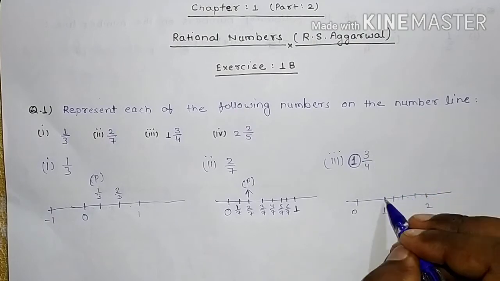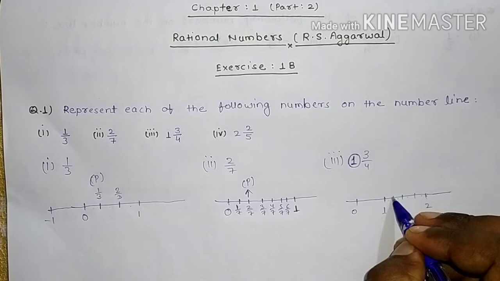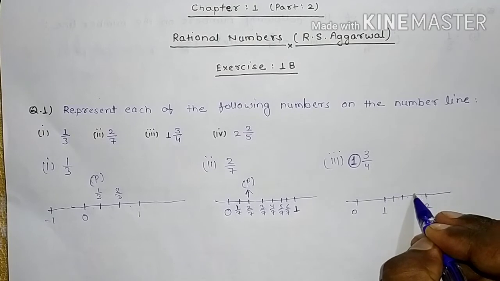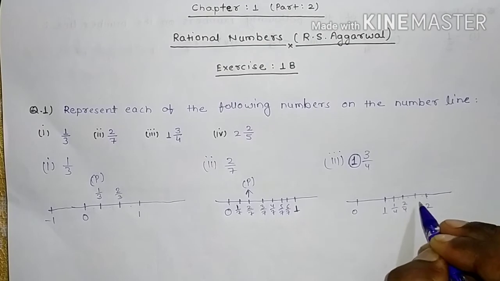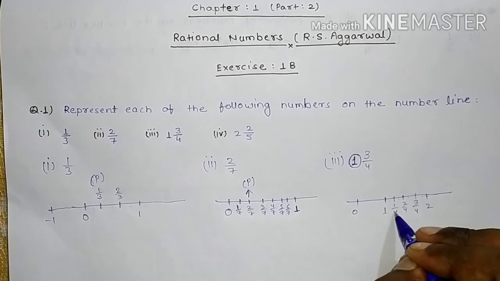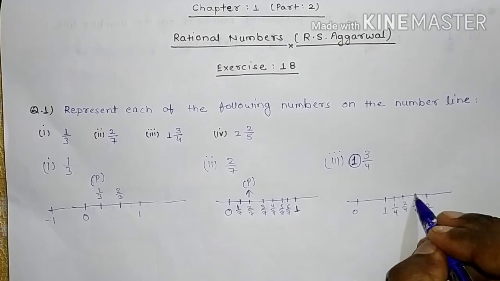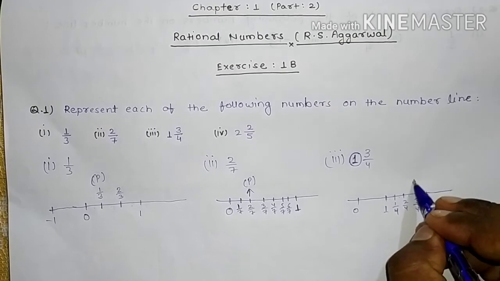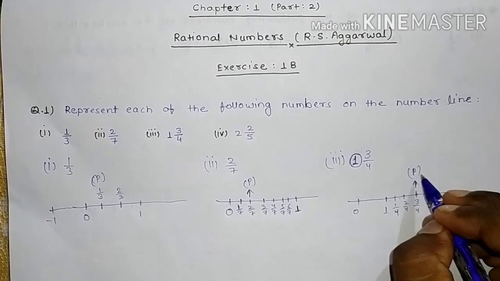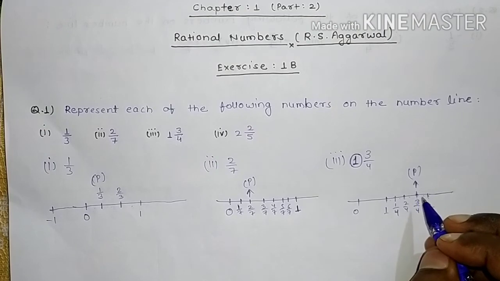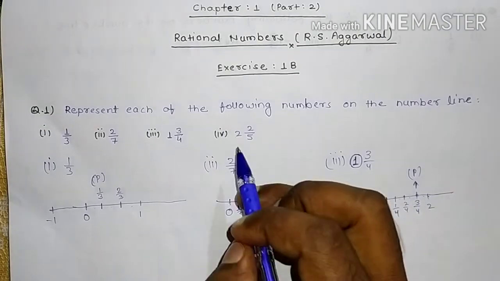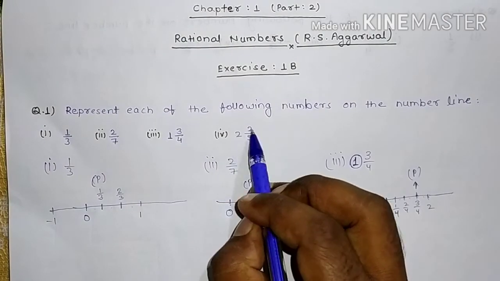So just move from 1, 2, 3. So this is 1 by 4, 2 by 4 and 3 by 4. Now this point is 3 by 4. Let's suppose this point is P, where 3 by 4 is located. Now the next question, that is fourth question, 2 by 5.